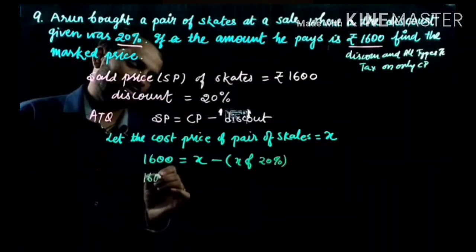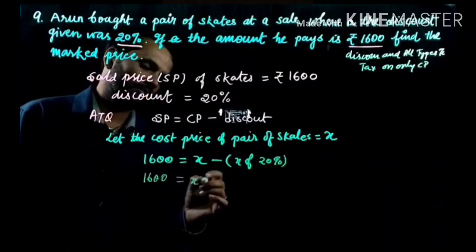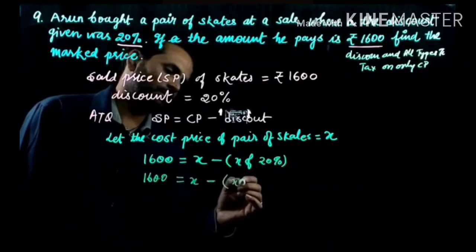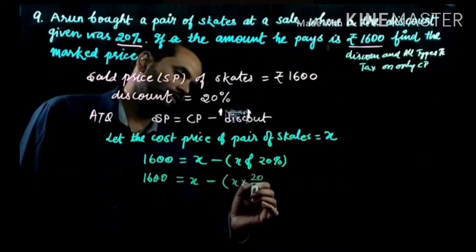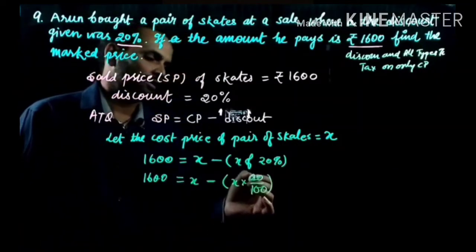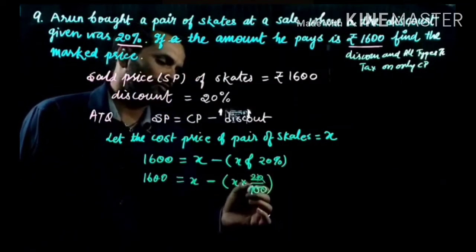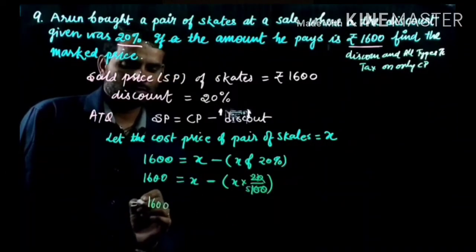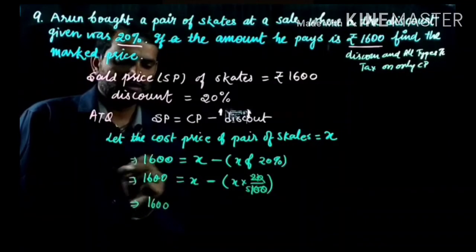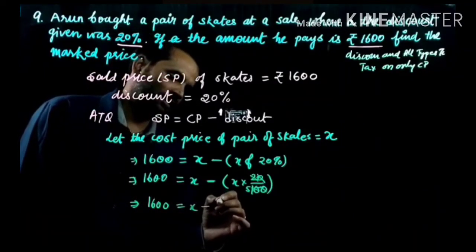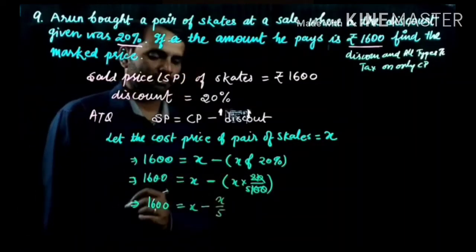Now solve. 1600 is equal to X minus X into 20 upon 100. The zero cancels, and 1 over 5. It means 1600 is equal to X minus X upon 5.